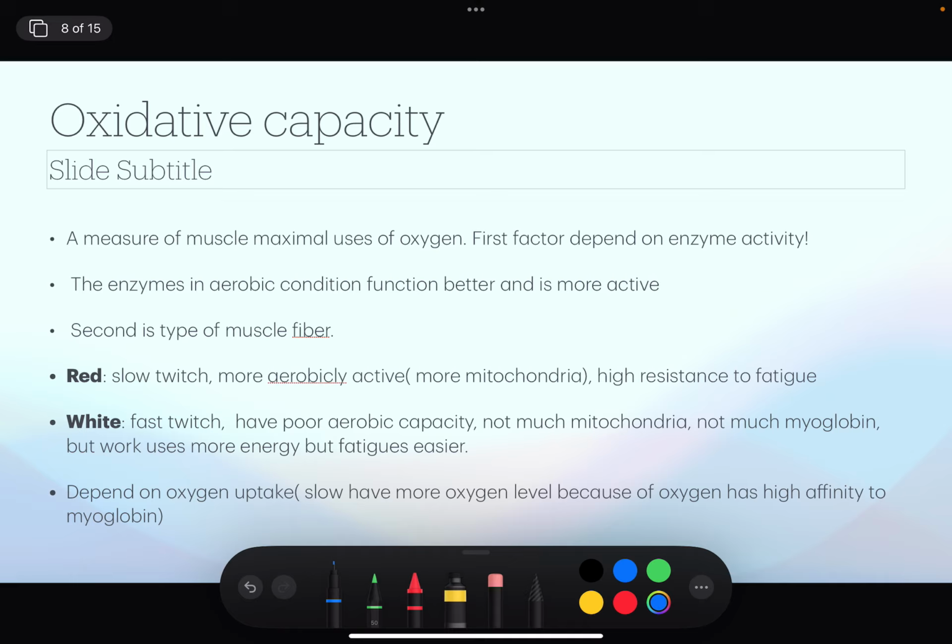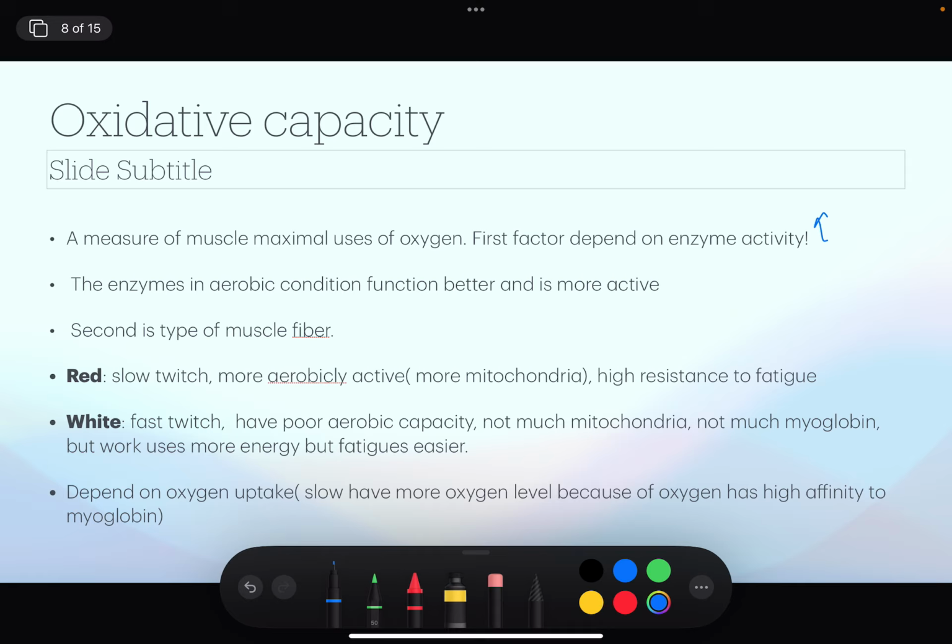Of course, the enzymes that dominate in the mitochondria are important, such as succinate dehydrogenase, malate dehydrogenase, carnitine palmitoyltransferase. These are aerobic enzymes, and for aerobically trained people, these are increased. So it will help you use more oxygen efficiently. You understand?